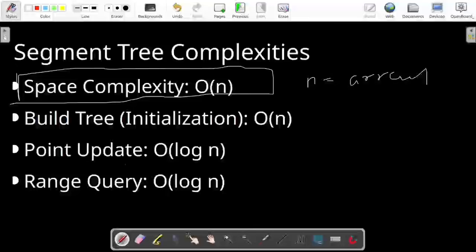I will show you in brief what the exact number of nodes required to build a segment tree is. Now there are two scenarios for space complexity. One is for the perfect power of 2 and another is for non-perfect power of 2. Let's understand first for the perfect power of 2.